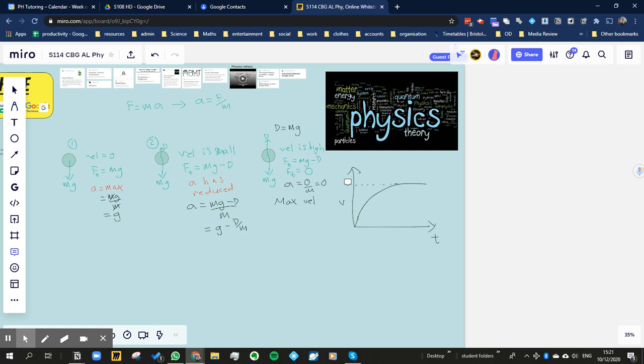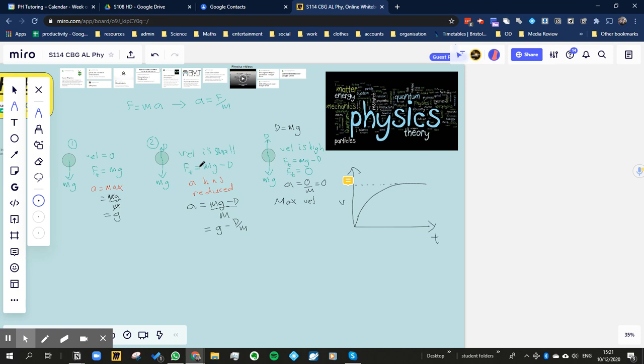So I'll just put a little comment there, and we should probably say terminal speed, really. I think that's more accurate. Yeah, so that's the terminal speed. So it happens because the faster you get, the more that the drag builds up until the drag is equal to the force that's pushing it forwards.